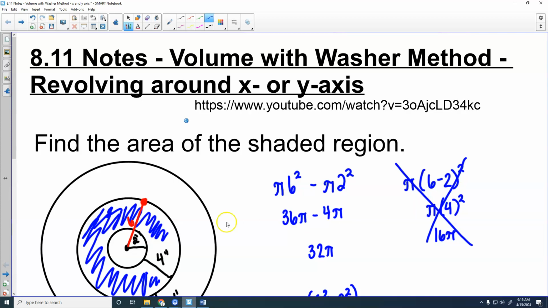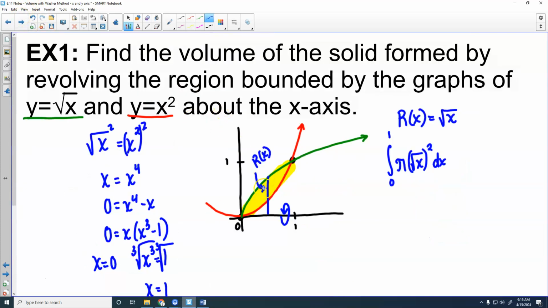But the capital R of x is going to go from the very top all the way down to whatever you're rotating around. Today, it's always going to be 0, because we're only rotating around either the x-axis or the y-axis today. But we are still kind of doing top minus bottom, but we want it to go all the way to the axis that you're rotating around.